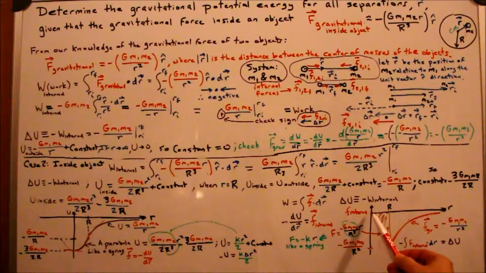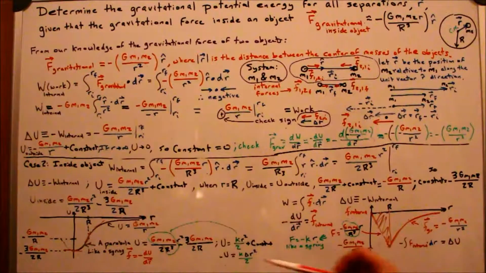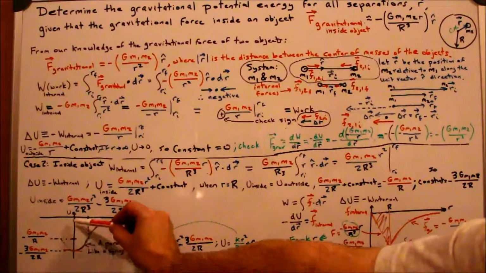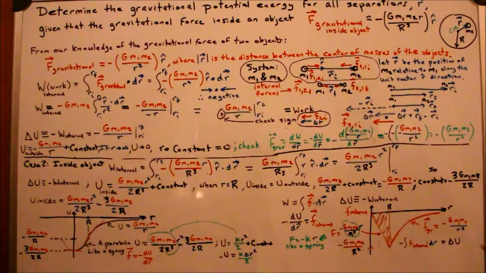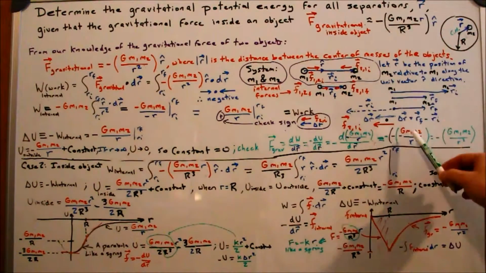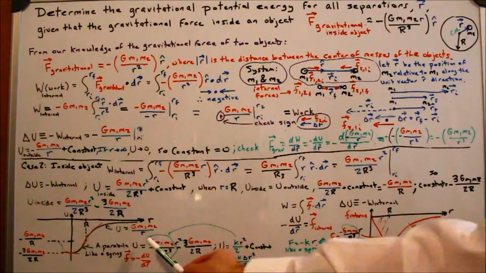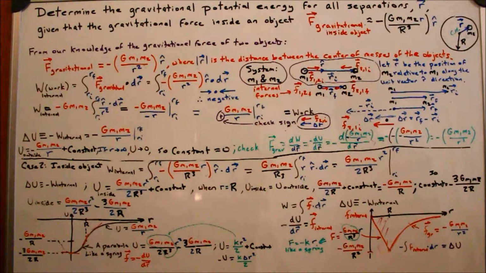Going from here to here, the magnitude of the change in potential energy is just the area under that curve. I could continue doing that and find the change in potential energy as the area anywhere along this curve. Inside the body, you can see the force is proportional to the radius, with a constant. So again it's acting like a spring, so it would have a force like this and a squared function for the potential energy.